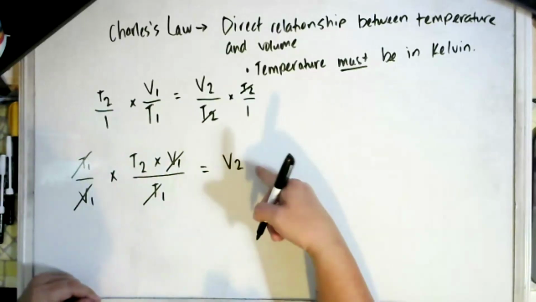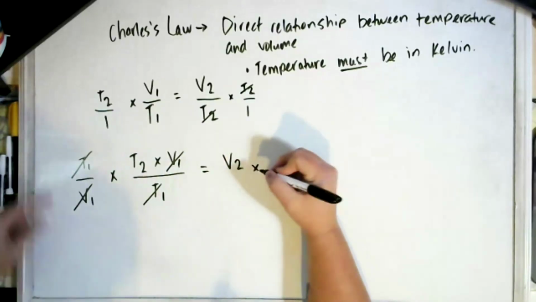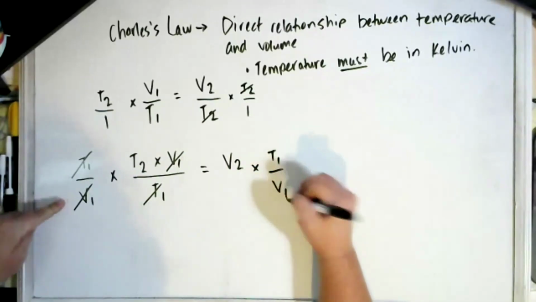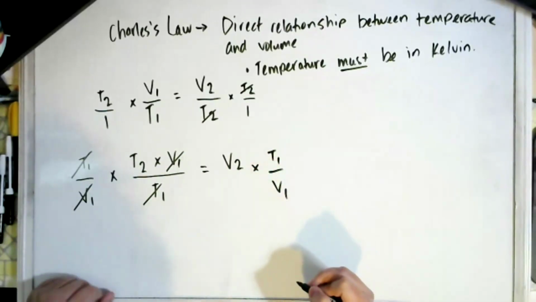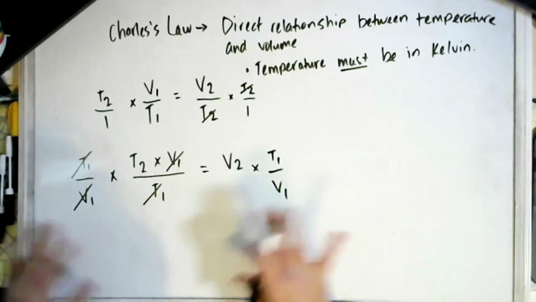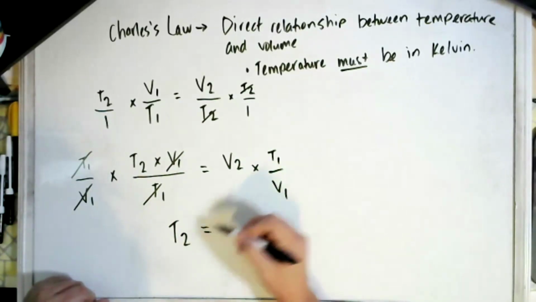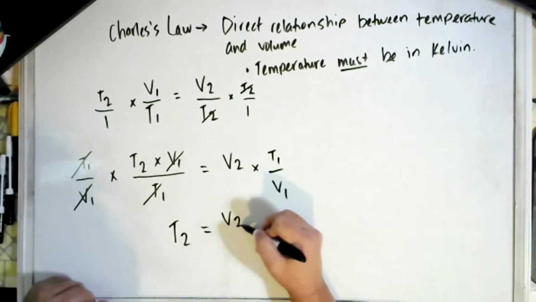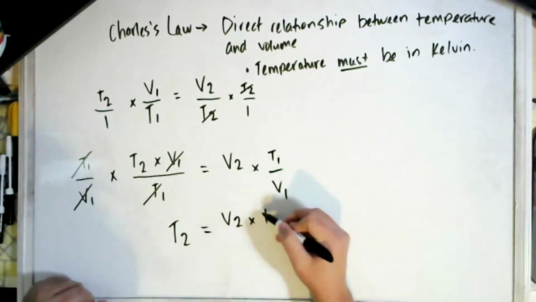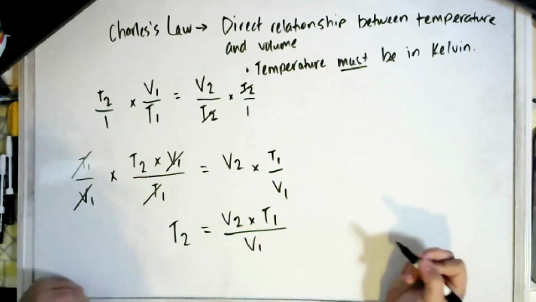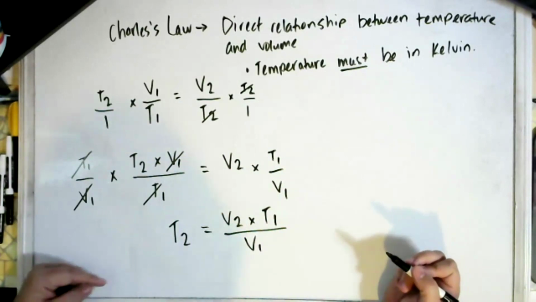So we have to multiply our right side by T1 over V1 as well. And what we're left with when we're done with that is T2 is going to be equal to volume 2 times T1 over volume 1.